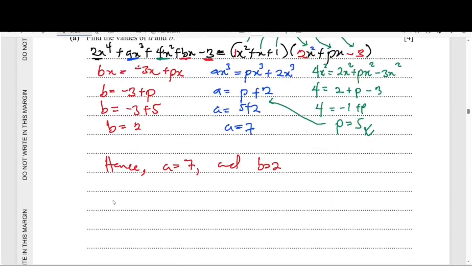That means our p of x can be written fully as this: 2x exponent 4 plus a is 7, 7x cubed plus 4x squared plus bx, which is 2x, and then minus 3 as our p of x.